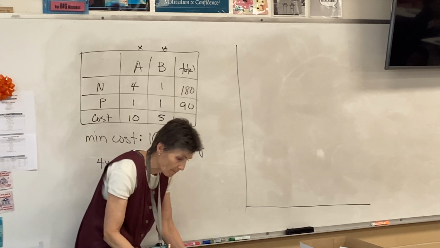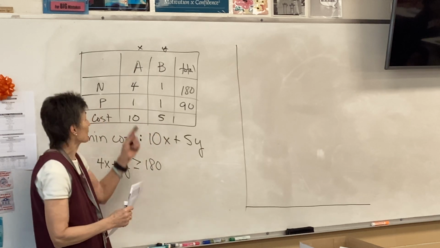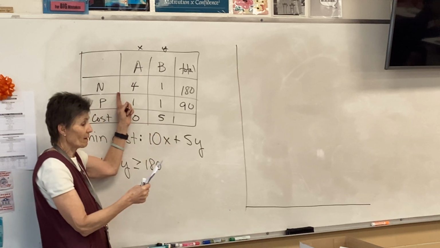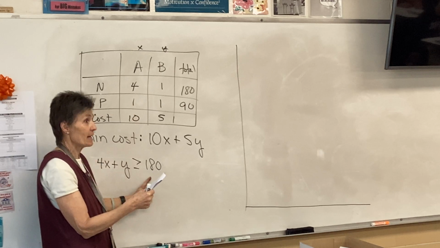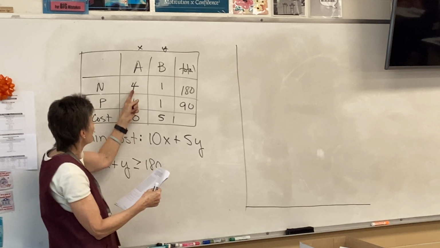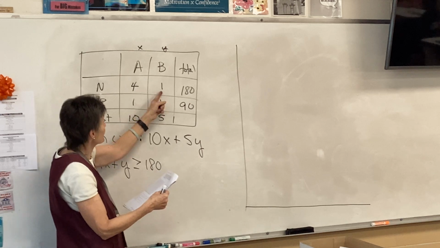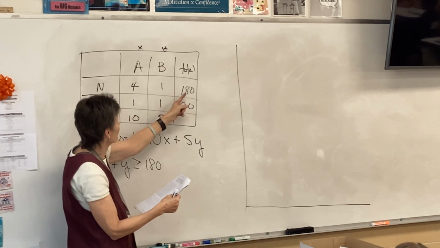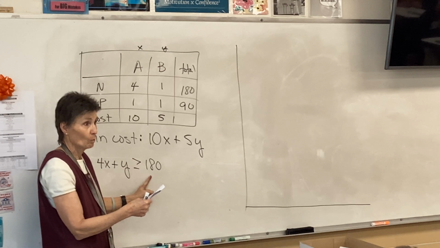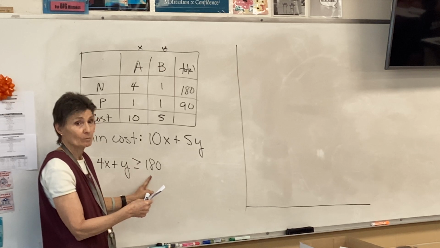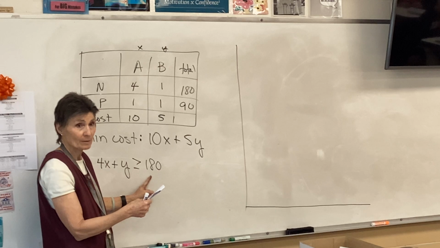How do I know that? What do I know about nitrogen? The total is at least 180. So however many I get from brand A, plus however many I get from brand B, has to add up to be greater than or equal to 180. Would everyone agree with that? Yes. All right.